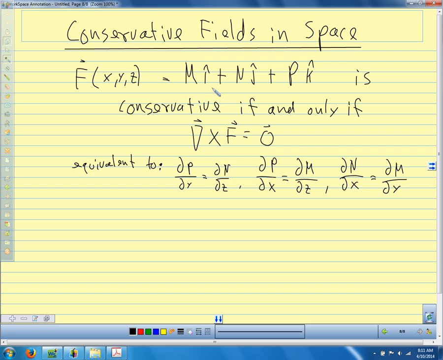If M, N, and P are partial derivatives of some potential function, then these represent the mixed partials, and our mixed partials are all equal. So it's exactly like we talked about in the plane. These all represent the mixed partials of our potential function. So we're talking about the equivalence of mixed partials.